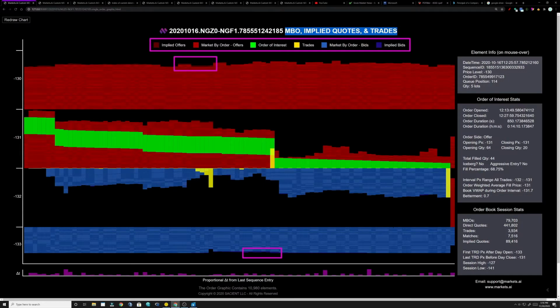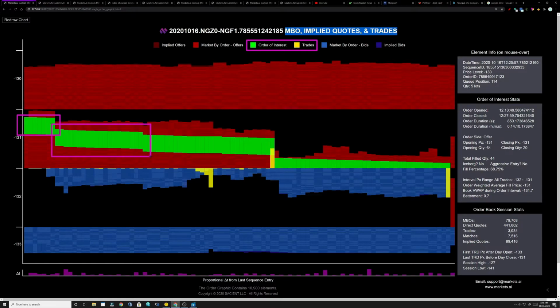These are the core pieces here that need a little bit of explaining. The lime green is our order of interest traversing the queues within the price levels. And our trades are these yellow bars. Of particular interest on the trade side is that the yellow has some transparency to it.